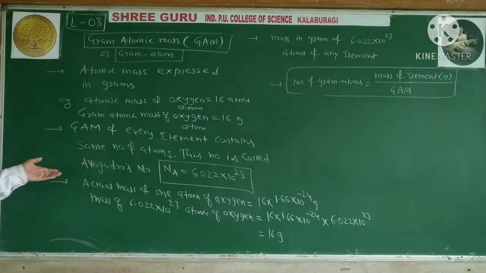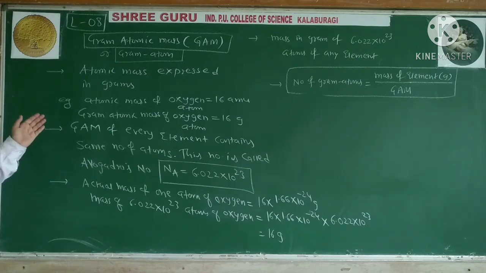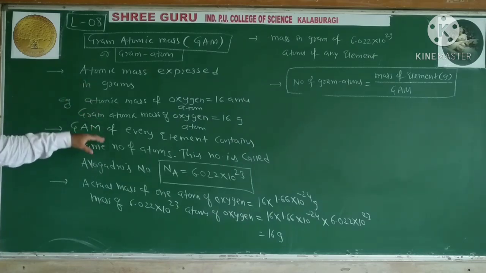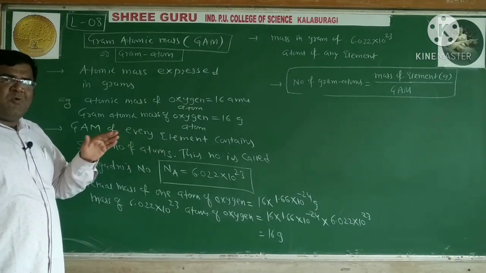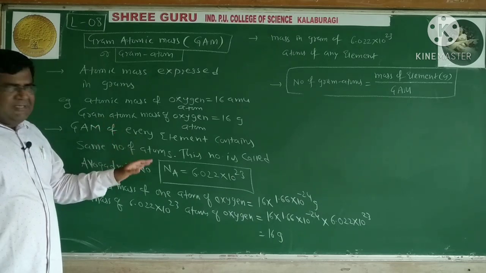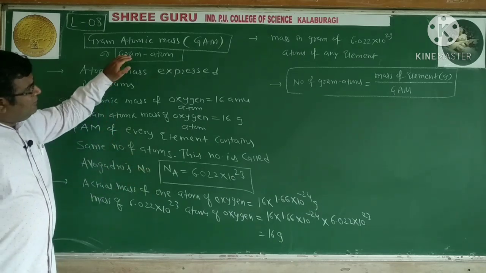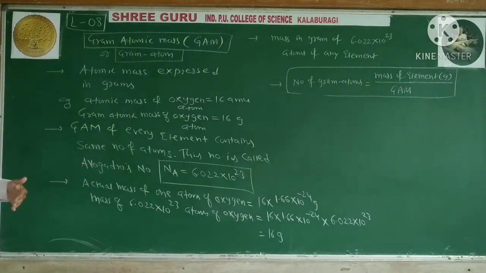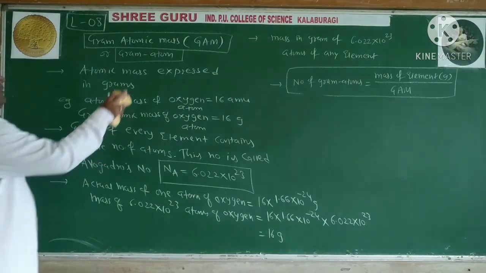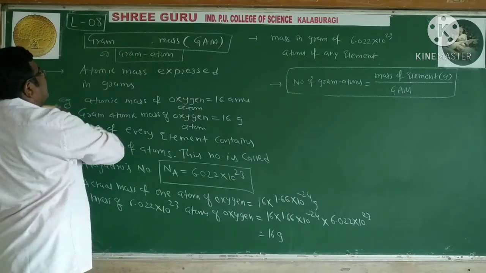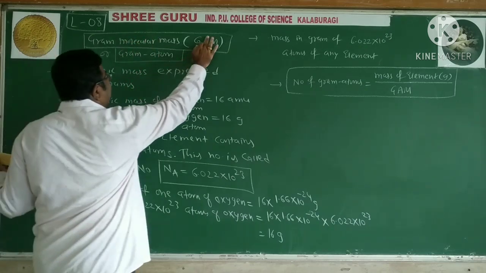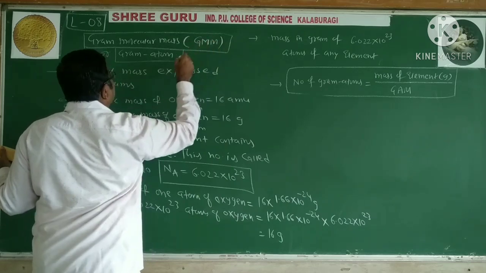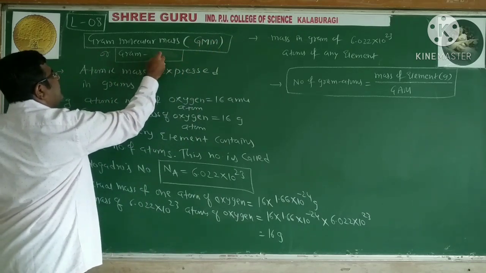The same concept we can apply to the gram molecular mass, also called gram molecule. Of course, we need to make some changes here. If you are writing these points, you just pause this video and write these points, because the same thing I am going to change now. Gram atomic mass I will change here as gram molecular mass, because we know that wording is same. So this is nothing but GMM now, and instead of gram atom it is gram molecule.